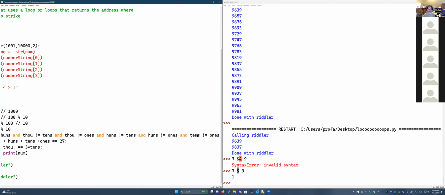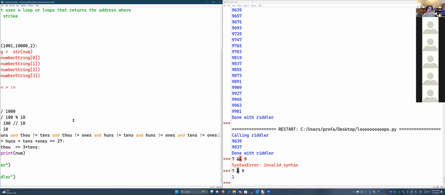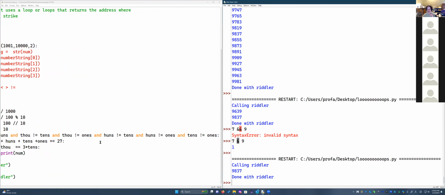So that's all of them. I don't have to check the tens against the hundreds place because I've checked the hundreds against the tens place. If it's not equal one way, it's not going to be equal the other way. And now if I run this, I get 9837 as our answer.